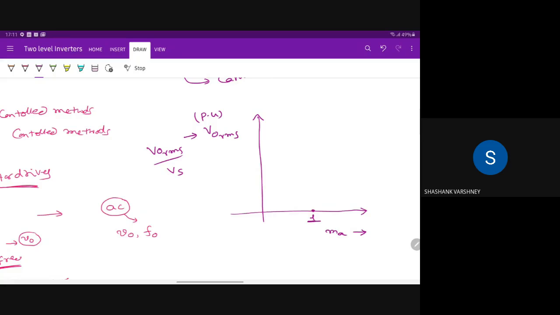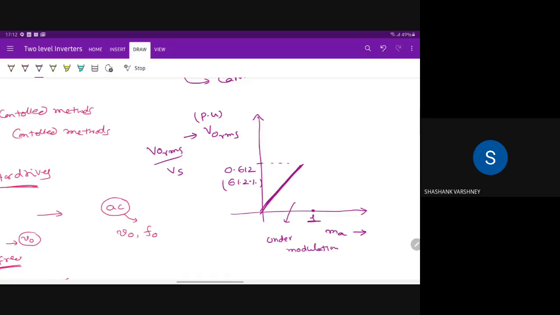So up to this point, the curve is linear. This curve is linear, so that means this is under modulation, right? The corresponding value for this one is 0.612, or 61.2%.